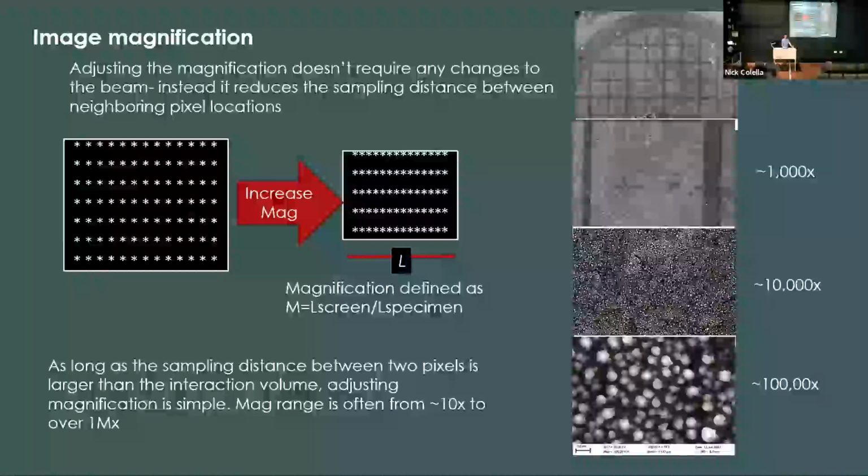We're just changing where the sampling locations are that generate the information at each pixel, right? So as we increase the magnification from low magnification, we're taking the same beam, taking the same number of pixel measurement points, and just moving them closer together so that we sample the same number of pixels just in a smaller area on the sample surface, right? So that makes it very easy.